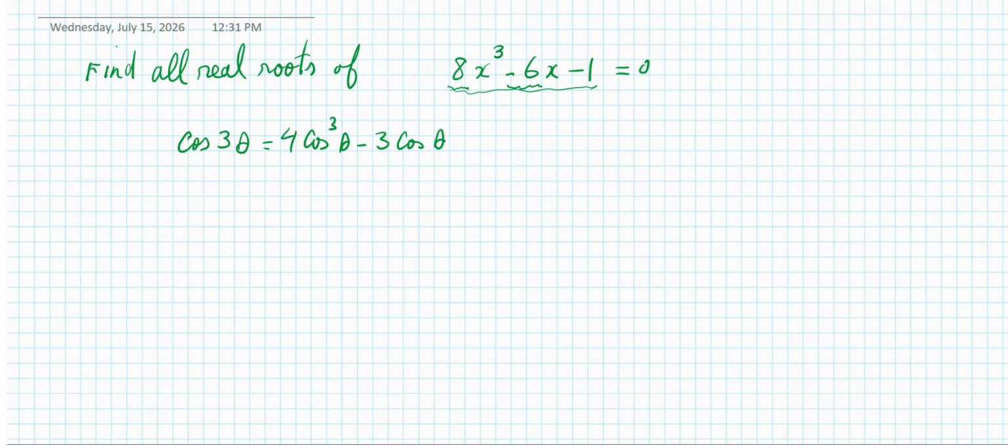So if we assume that f of x is 8x cubed minus 6x minus 1, we find f of minus 1, and f of minus 1 would be, in this case, minus 3.